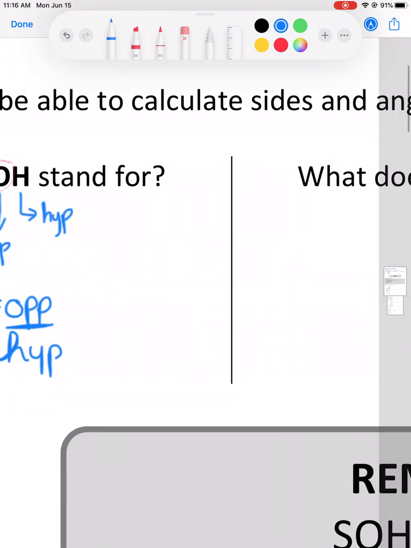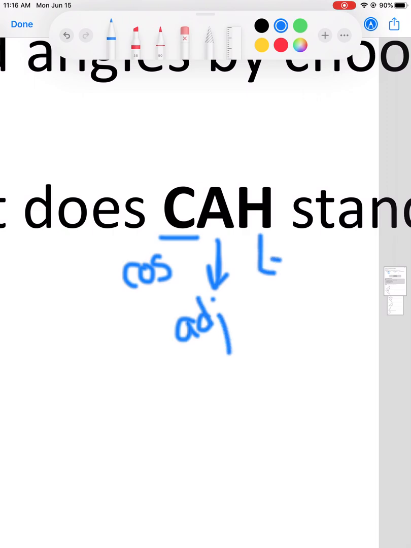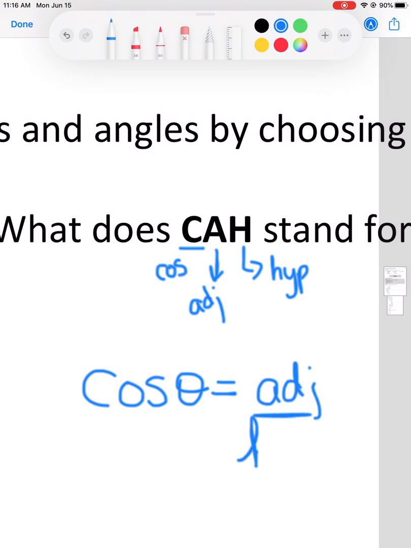It's the same for the next two, except the letters are slightly different. Cos: this means adjacent, that's what my A means, and hypotenuse we already looked at. So cos theta is equal to adjacent over hypotenuse.